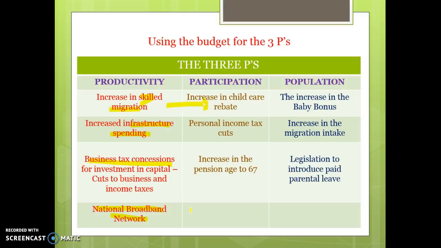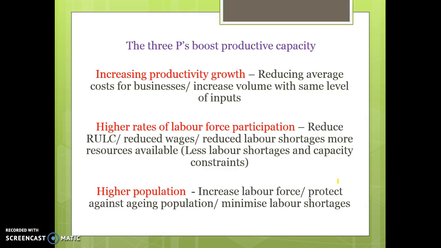They can coordinate activities and meetings via Skype, so that saves them a lot of money as well. Participation: childcare rebates, cuts in personal income tax, increasing the pension age. Population: giving people money to have babies, increasing the migration intake, or introducing paid parental leave so people don't have to worry as much about the financial costs of having a baby.